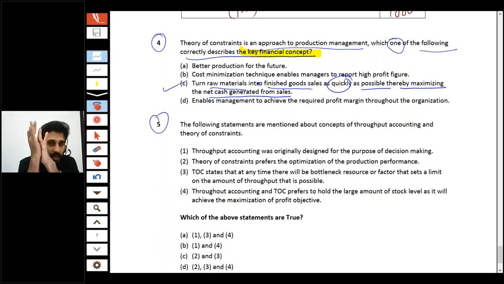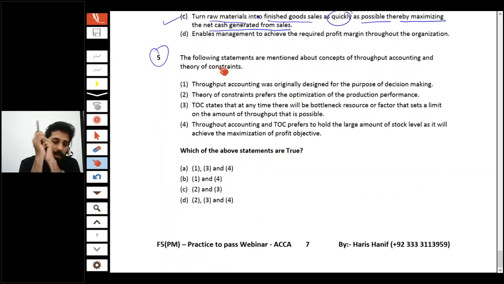So C is the key financial concept: sell the product as much as possible, as soon as possible. Number 5, please read all these 4 statements and try to mark the correct answer.